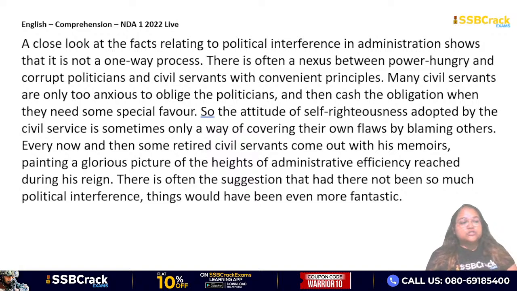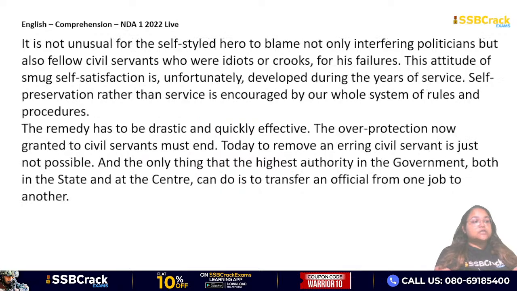There is often the suggestion that had there not been so much political interference, things would have been even more fantastic. It is not unusual for the self-styled hero to blame not only interfering politicians but also fellow civil servants who were idiots or crooks for his failures.